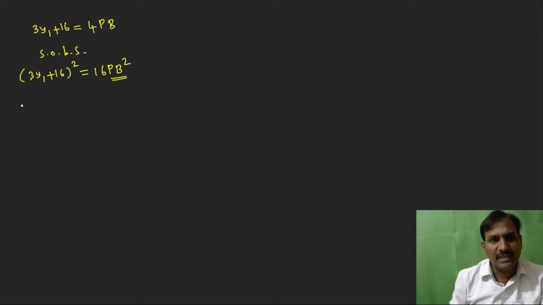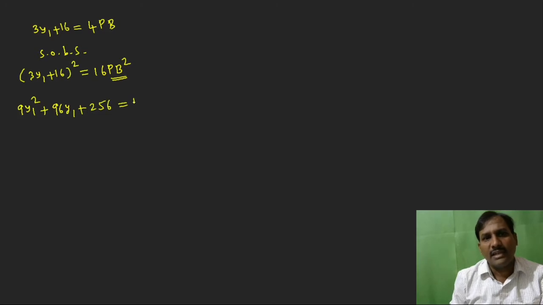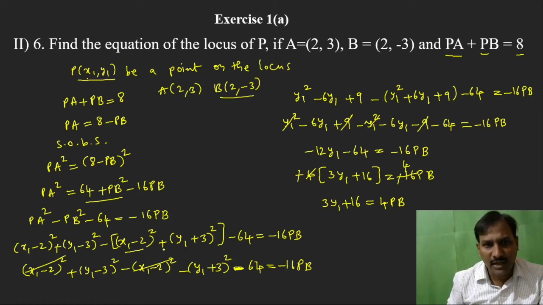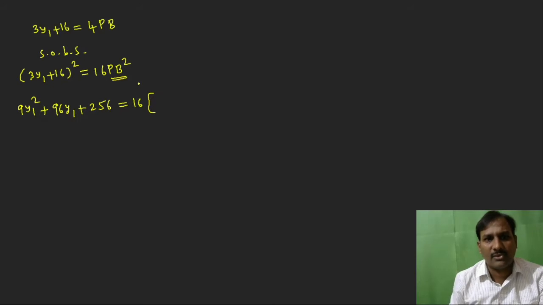First expand this. 9y1 square plus 2 3s are 6 into 16, 96y1 plus 16 square is 256 is equal to 16 into PB square. So this is PB square here. So what we have written here, (x1 minus 2) whole square plus (y1 plus 3) whole square.